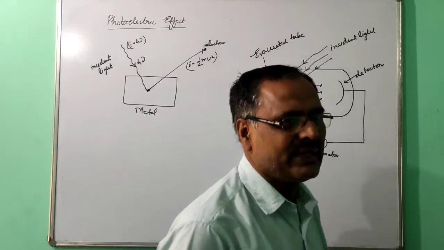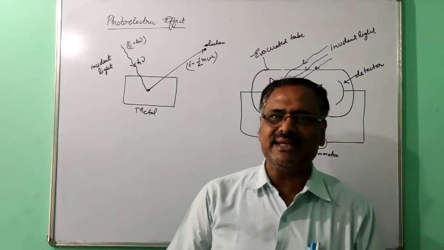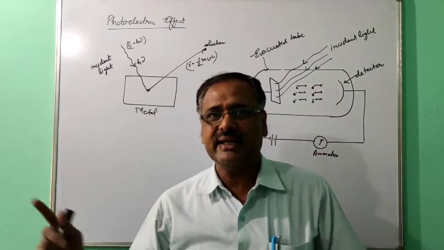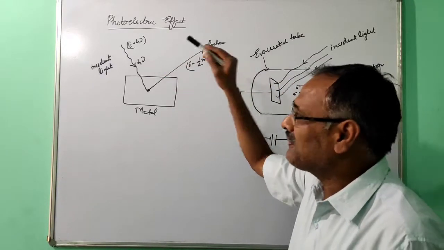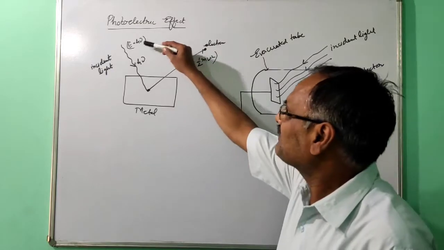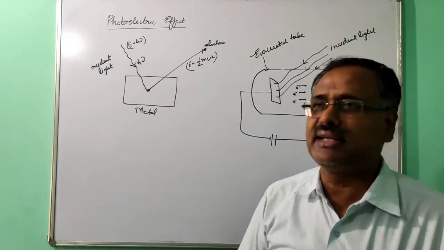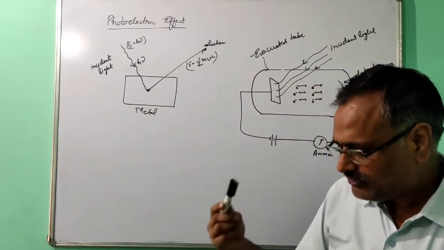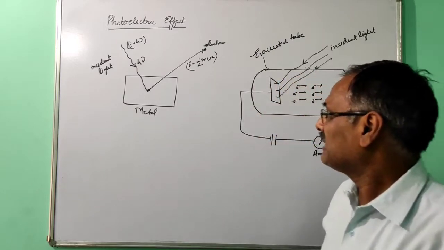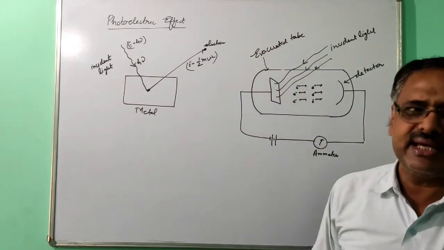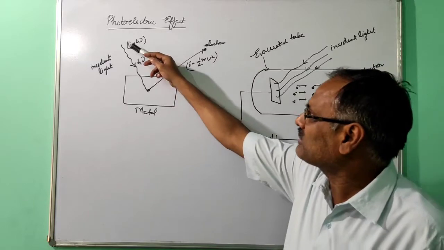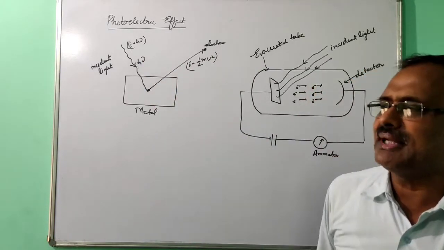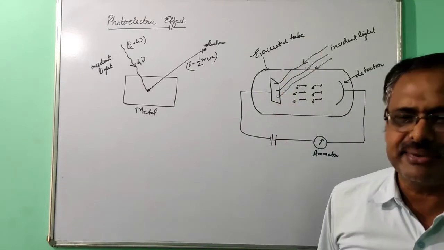The second point is that the kinetic energy of the ejected electron is directly proportional to the frequency of incident light. It means if the frequency of incident light increases, the kinetic energy of the ejected electron increases. The third point is that the number of photoelectrons emitted is directly proportional to the intensity of the light. It means if you increase the intensity of the light, the number of photoelectrons emitted will be more.